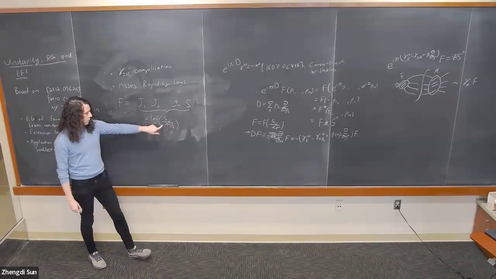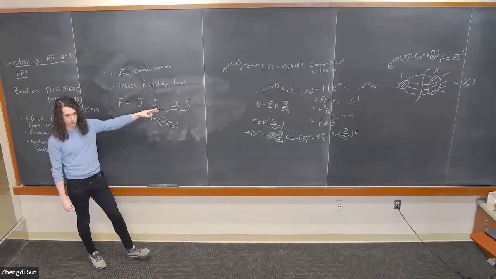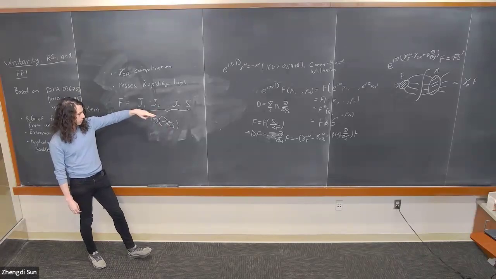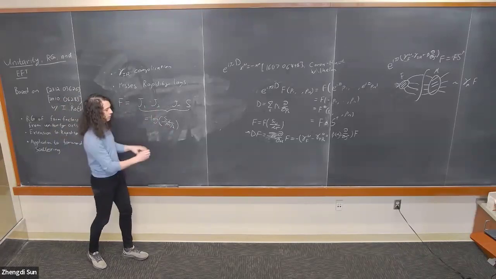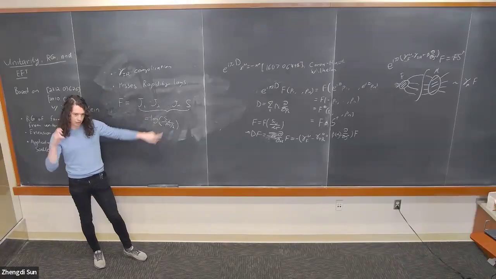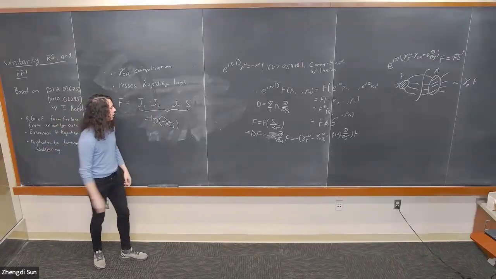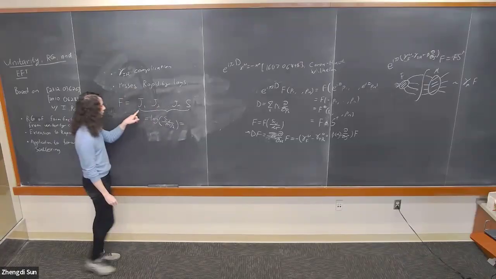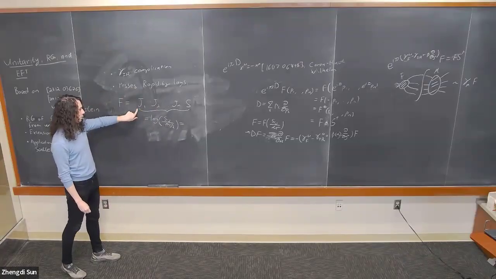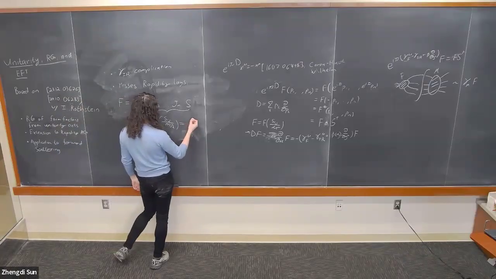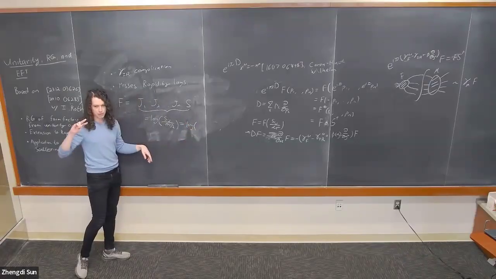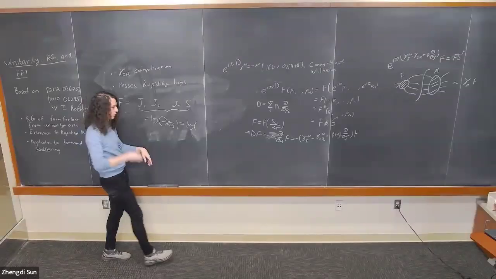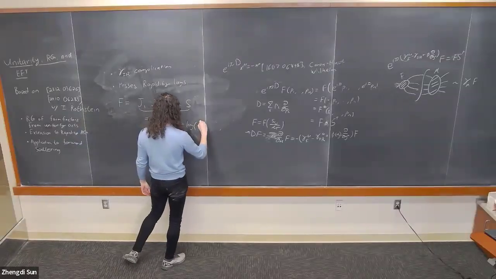And even though this looks like a ratio of widely separated scales, like something that's UV and something that's IR or low energy, it turns out that when we break this up, we find that this is actually the sum of large ratios of rapidities, which is a little different.